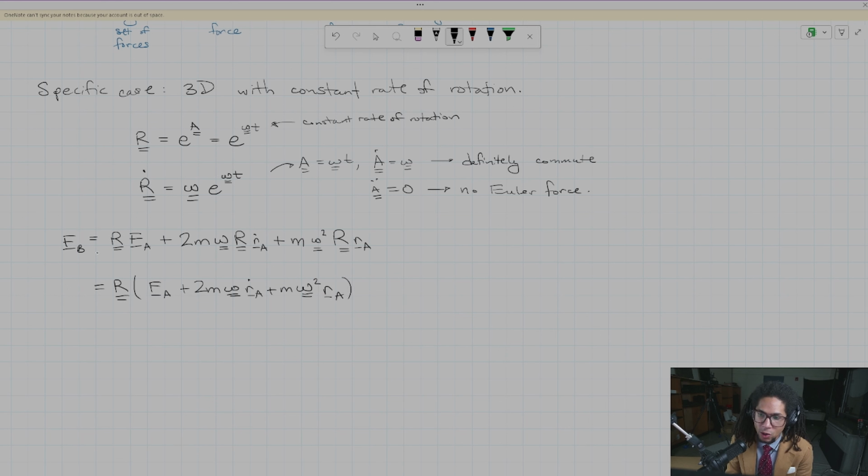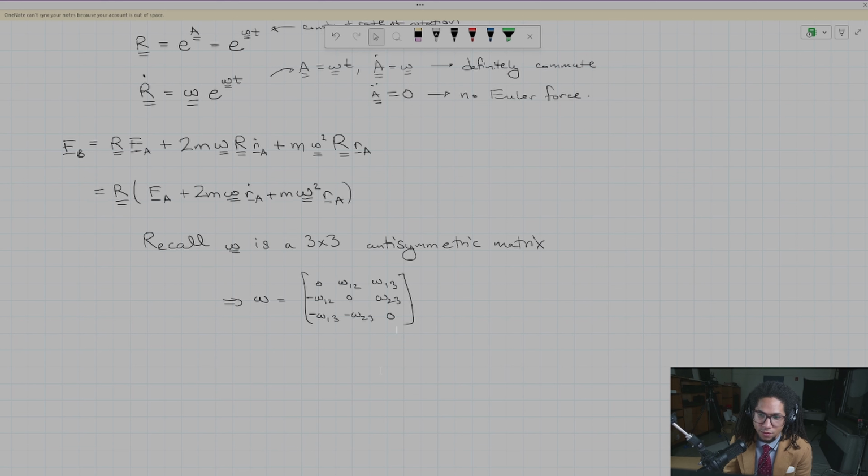Now recall from above, omega is a 3 by 3 antisymmetric matrix. In other words, we have omega equal to 0, omega 1,2, omega 1,3, minus omega 1,2, 0, then omega 2,3, minus omega 1,3, minus omega 2,3, 0.